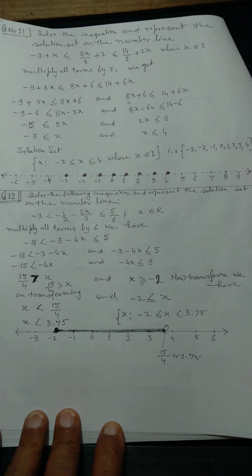Question number 12 states: solve the following inequation and represent the solution set on the number line. That is, minus 3 less than minus 1 by 2 minus 2x by 3 less than or equal to 5 by 6, x belongs to real number.